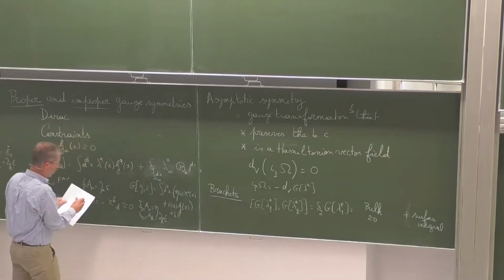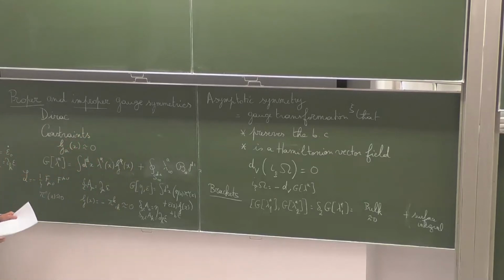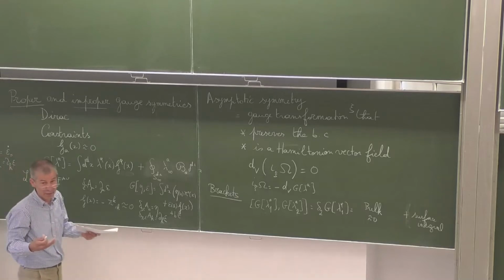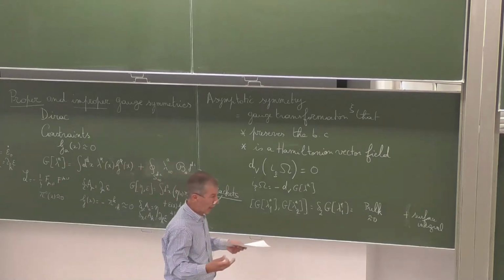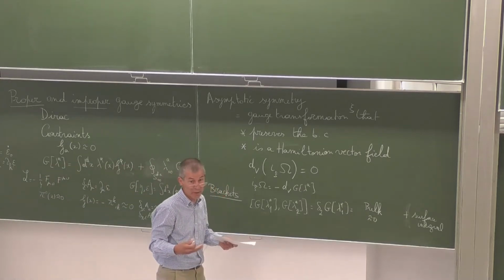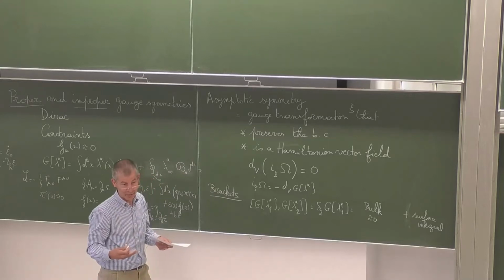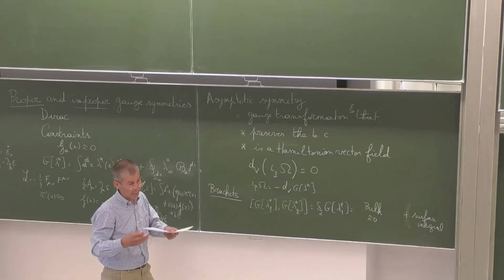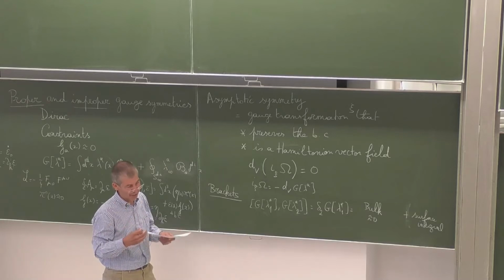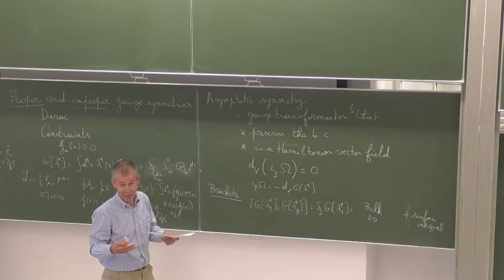So you want physical states to be gauge invariant. You have to take gauge invariance into the quantum theory. What does that mean, that they should be gauge invariant? Well, actually, that means that they should be invariant only under proper gauge symmetries. So they should form the trivial representation under trivial gauge symmetries, but they can form non-trivial representations of the improper gauge symmetries.